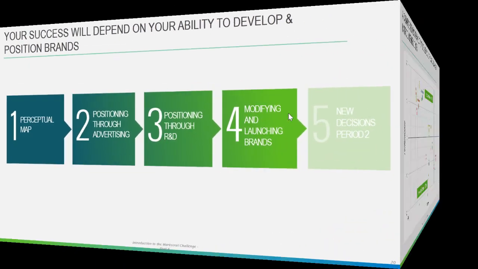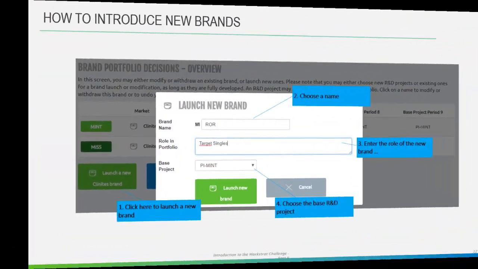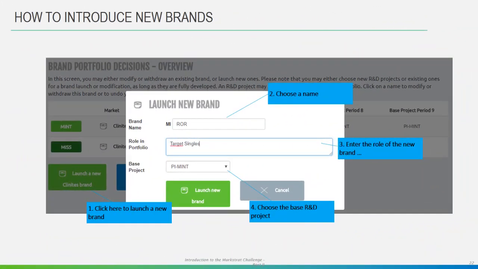Okay. Modifying and launching brands. You want to introduce a new brand or you want to modify an existing brand, you use the brand portfolio screen. So you want to launch a new brand first of all. You go in and create a new brand name. So this is going to be brand MIROR, mirror, I guess. You give it a role in the portfolio.